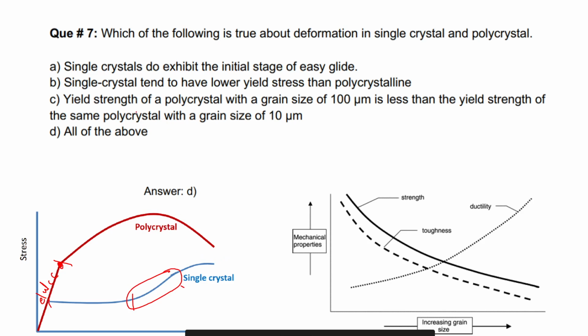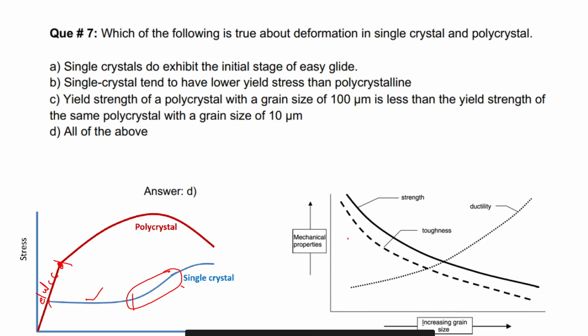Now see, the single crystal does exhibit the initial stage of easy glide. So yes, initial stage is present. A single crystal tends to have a lower yield stress than the polycrystalline. That is also correct. And the yield strength of a polycrystalline with a grain size of 100 micrometer is less than the yield strength of the same polycrystalline with a smaller grain size.